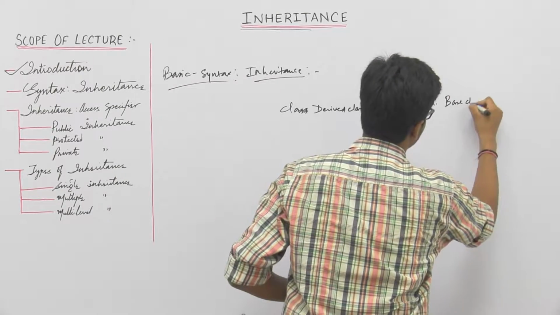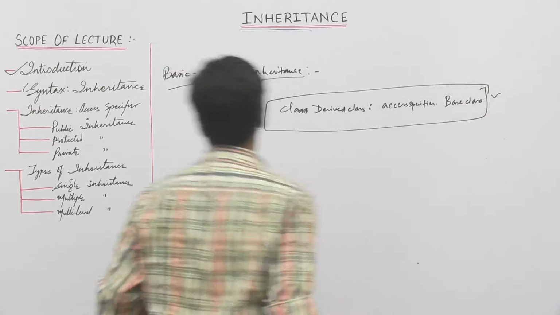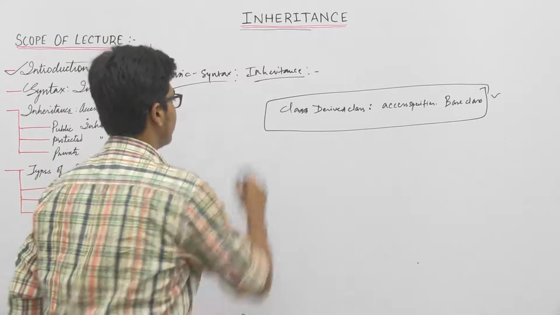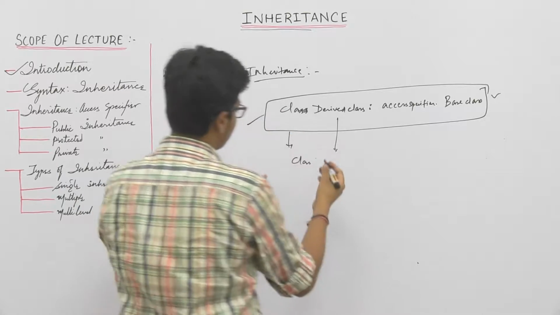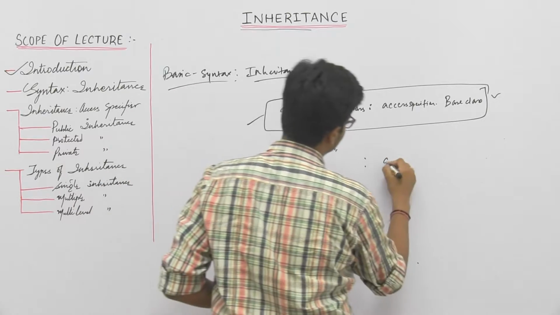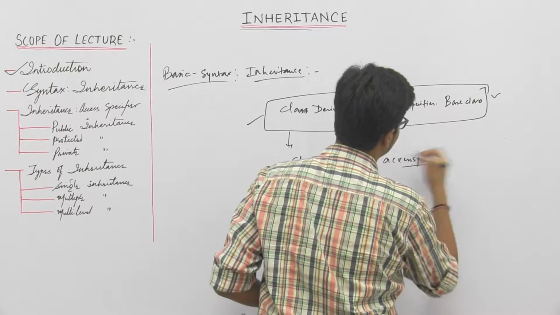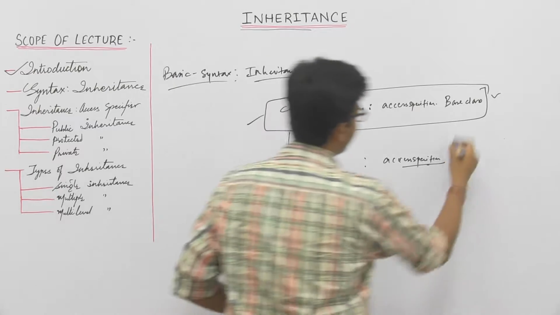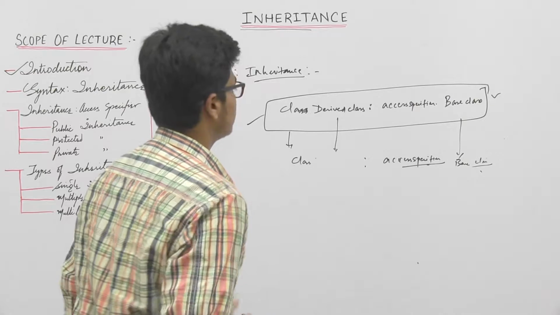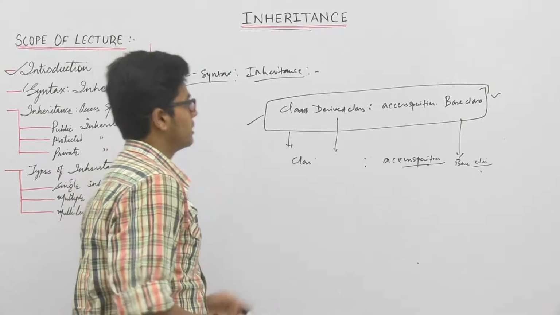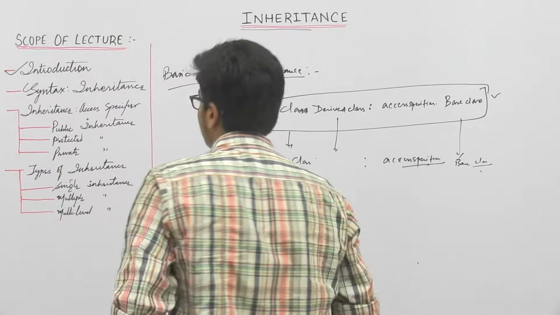Here we define a derived class, then the access specifier, and then the name of the base class. So this is the basic syntax used in a programming language to define inheritance.